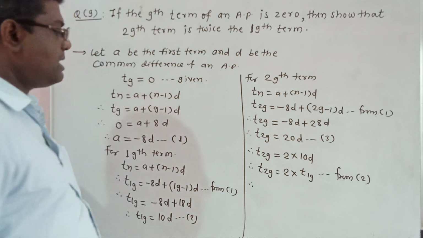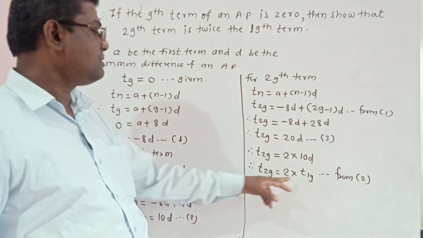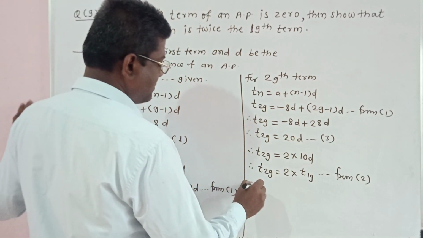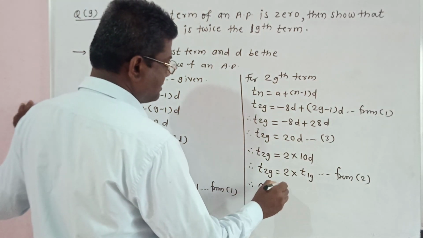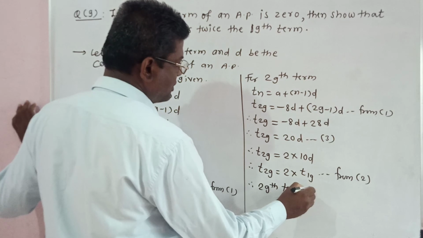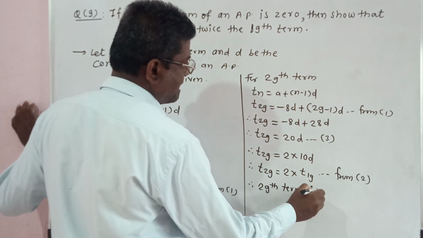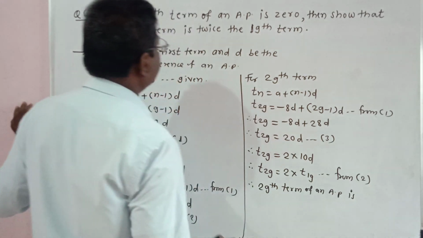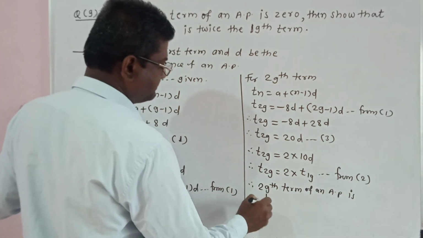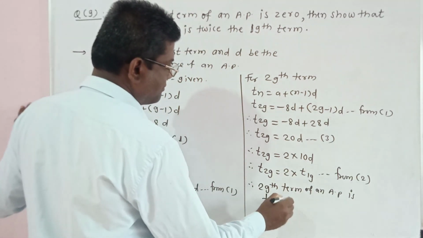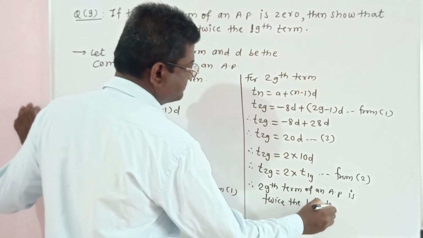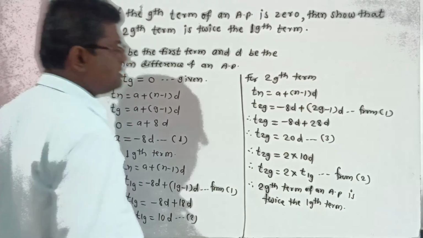Therefore, 29th term of an AP is twice the 19th term. This is proved.